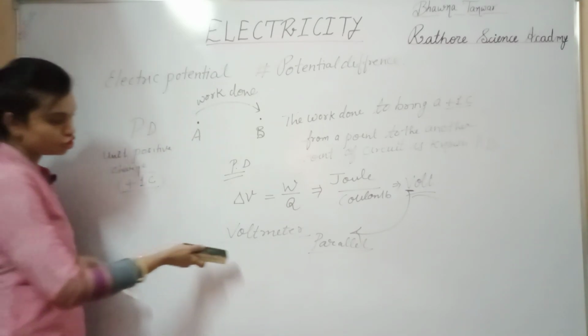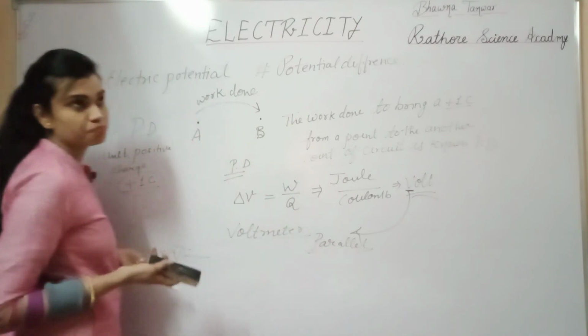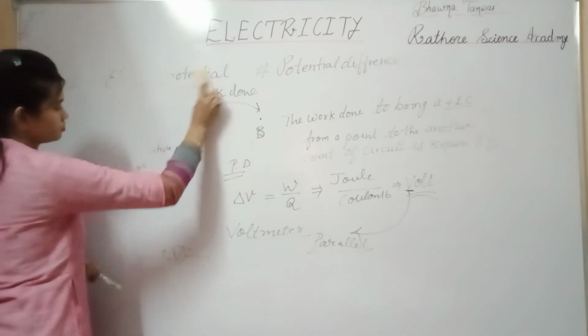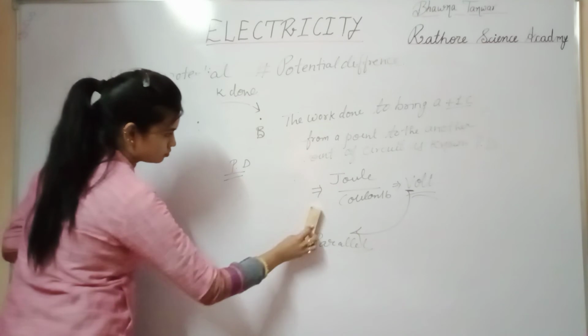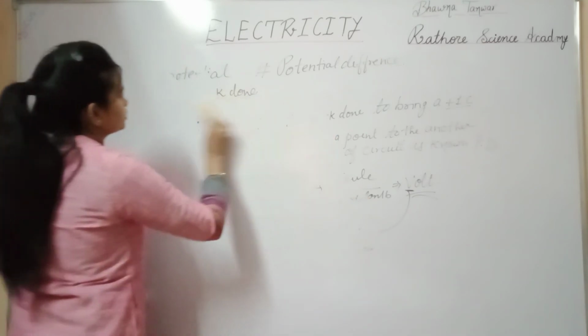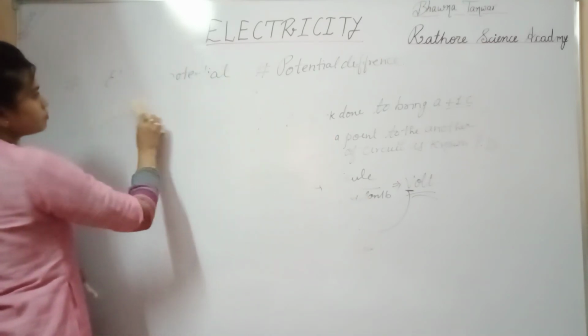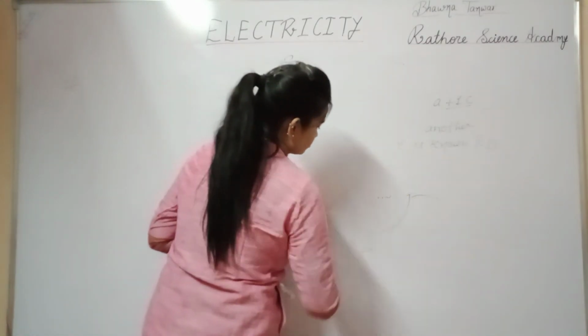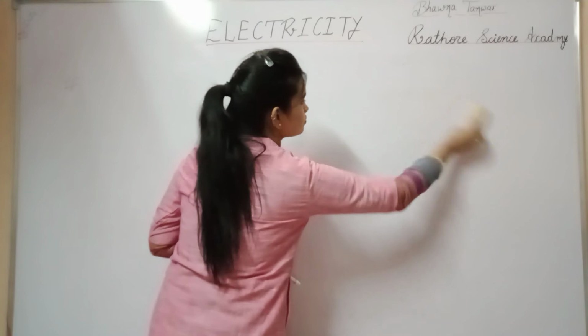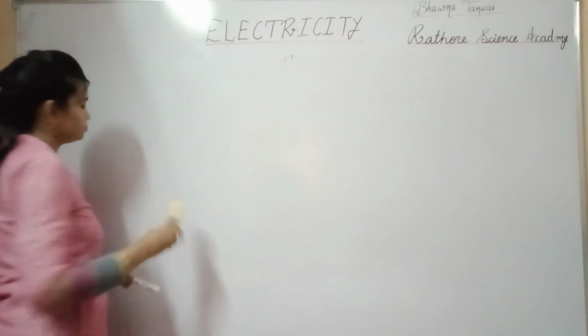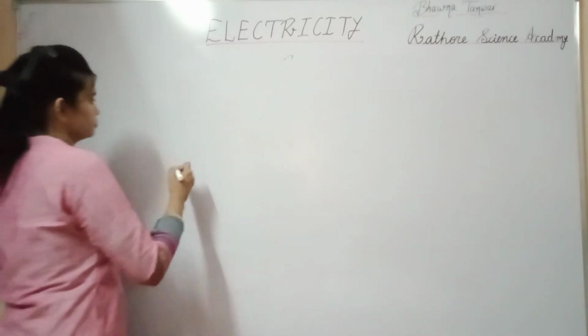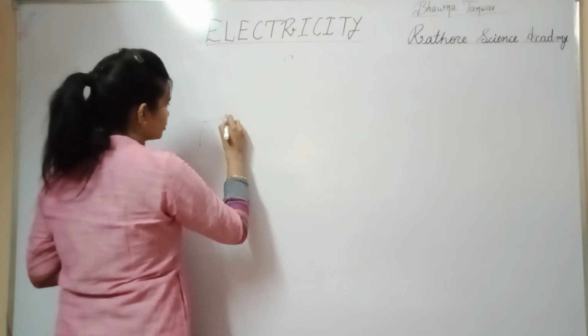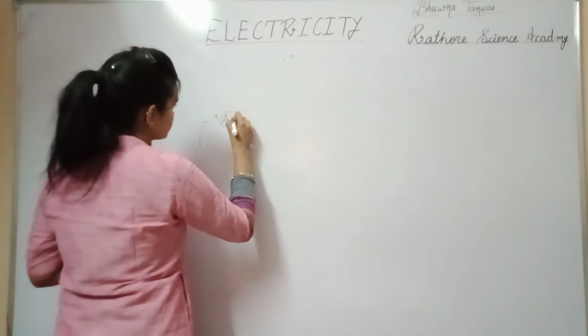Now, why is the voltmeter always connected parallel to the circuit? For this, we will draw a diagram. Suppose the ammeter we have discussed is always connected in series, right?